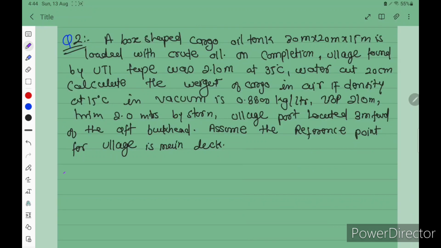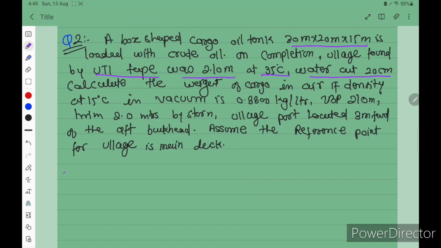Okay, so the next question is a box-shaped cargo oil tank, 30 into 20 into 15 meters, loaded with crude oil. On completion, ullage found by UTI tape was 2.10 at 31 degrees centigrade. They found water cut also, 20 centimeters.